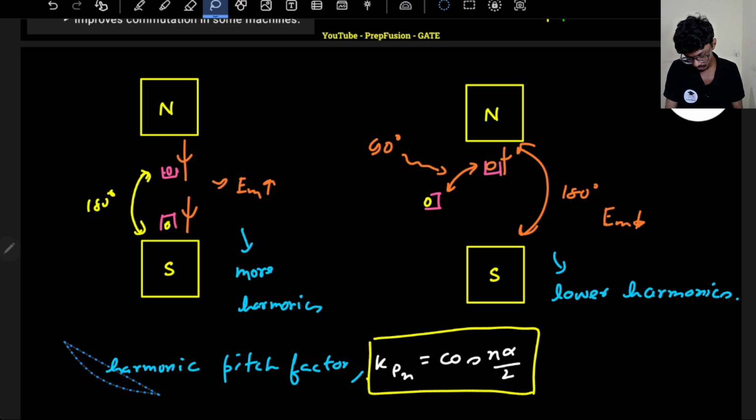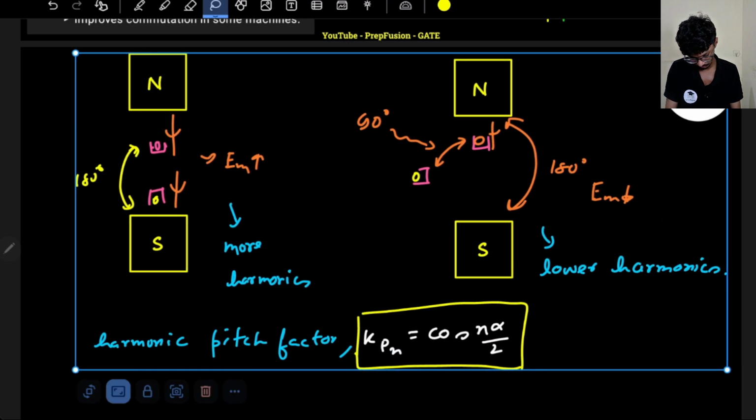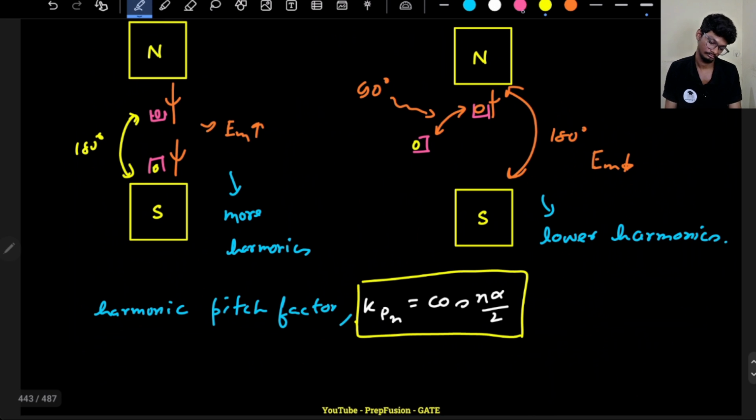Okay, so I know my induced EMF E is equal to root 2 f phi into n.